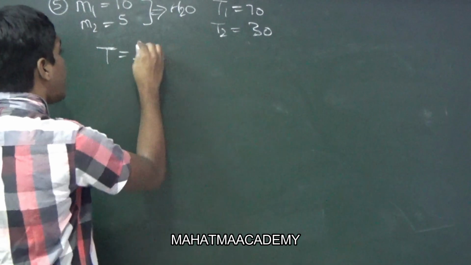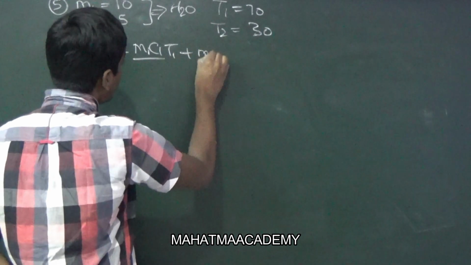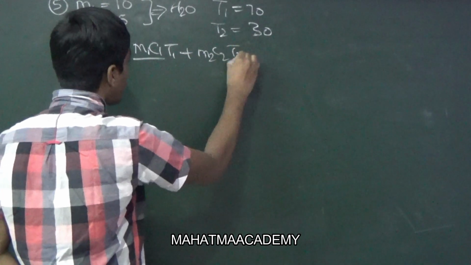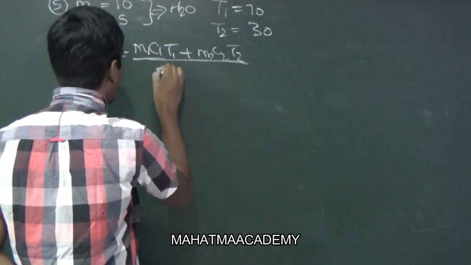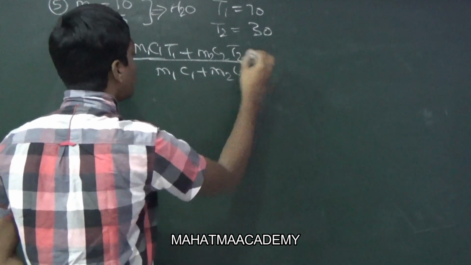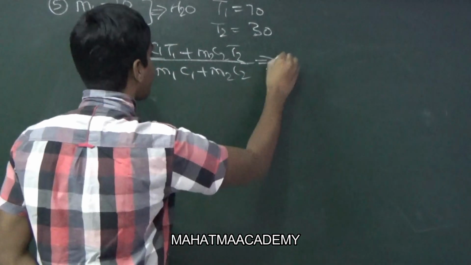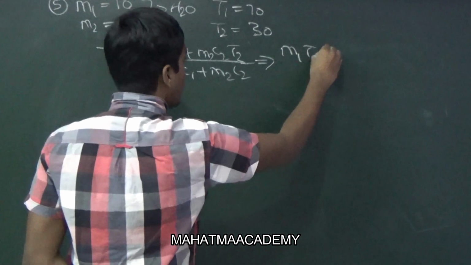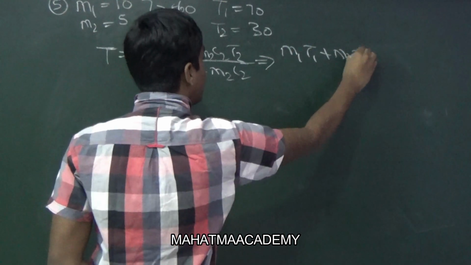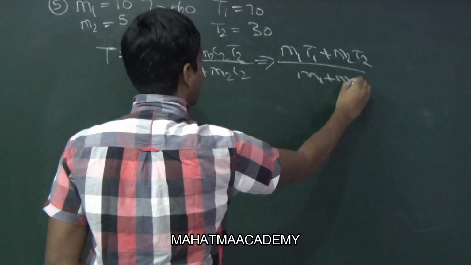I think you are well in the problem solving by now. Here it is M1 C1 T1 plus M2 C2 T2 upon M1 C1 plus M2 C2. Now here C1 and C2 are equal. So we get M1 T1 plus M2 T2 upon M1 plus M2.